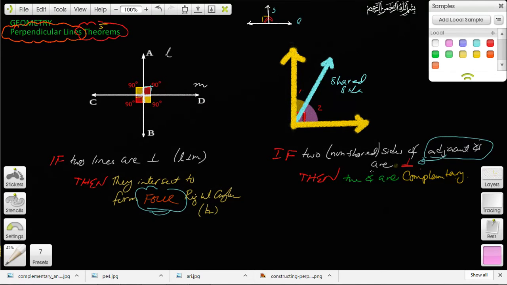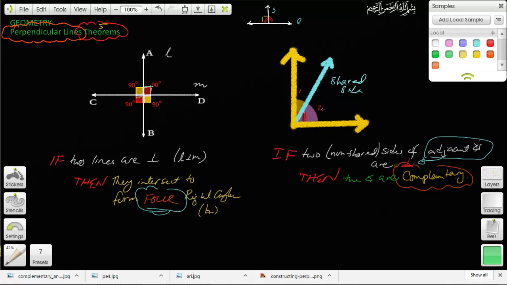So if two sides of adjacent angles are perpendicular, then the angles are complementary. This is a special case of adjacent angles where you can prove them to be complementary. It's important because we have to use this in doing some of the questions on exams. It's intuitive, I think, and if you get the opportunity, you should try to write the proofs for these yourself.